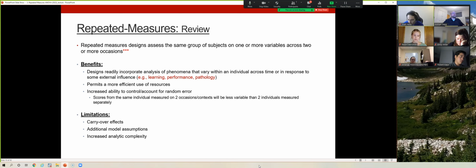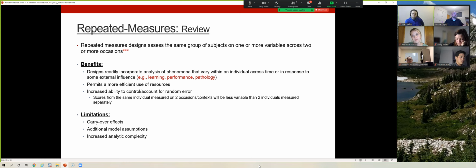Now, limitations of our repeated measures designs: carryover effects, right? Again, for clinical folks, if I want to compare CBT to some other treatment, I can't bring people in, teach them CBT, and then say, okay, forget that, now you're going to do this other thing.